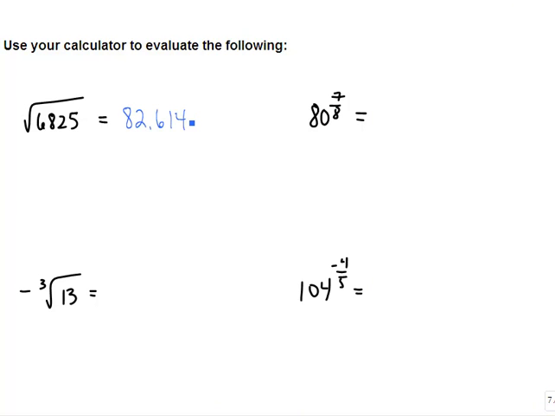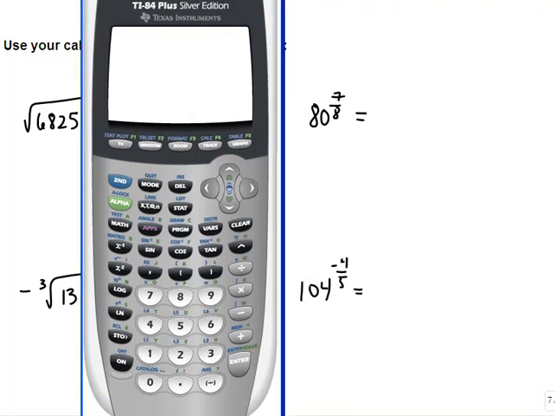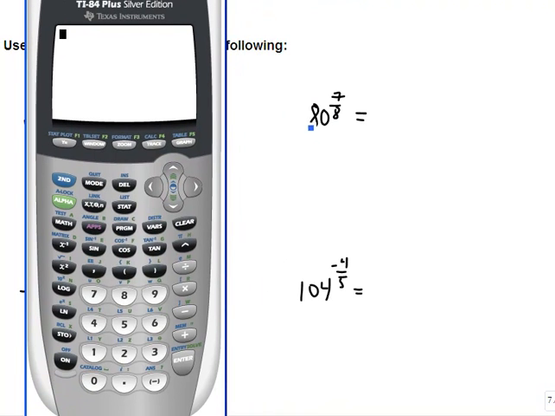Okay? Now for a fractional power like 7/8, calculators don't have a 7/8 button, so you're going to have to use your power key, which on my calculator looks like this little caret button, this little sort of top of an arrow. So what I want to do here is type in the base first, which was 80, and then I'm going to type in that little power button, and I want to raise 80 to the 7/8.